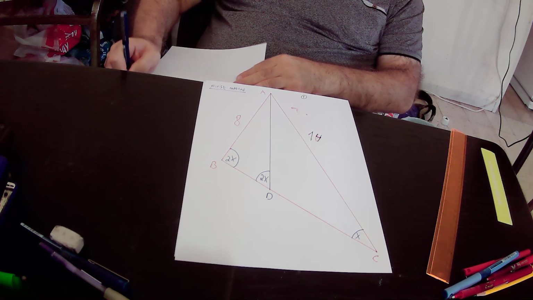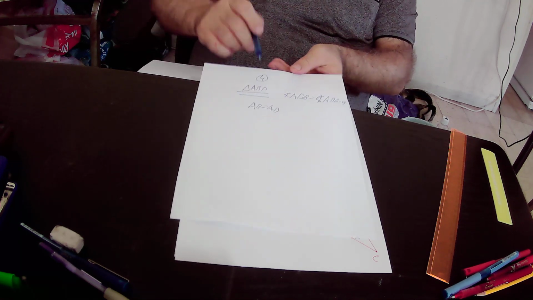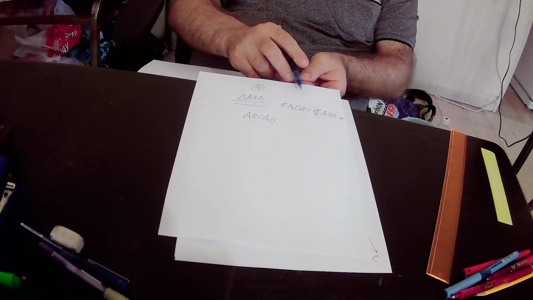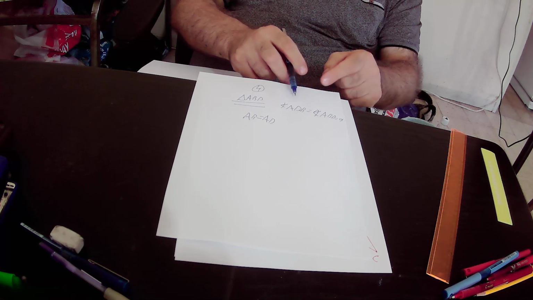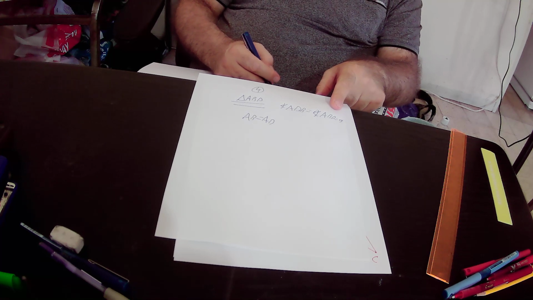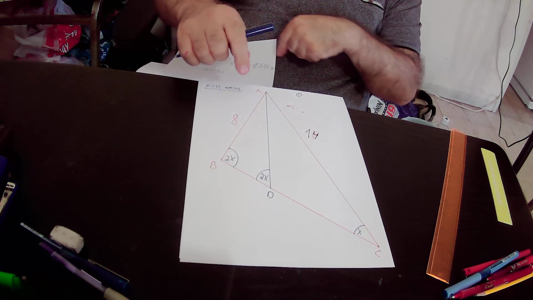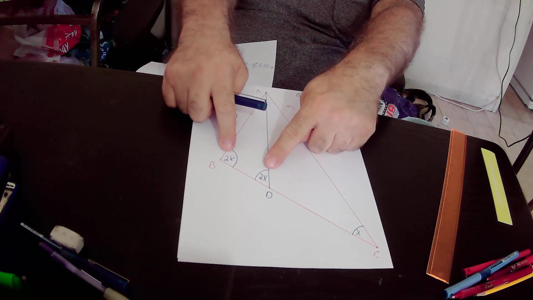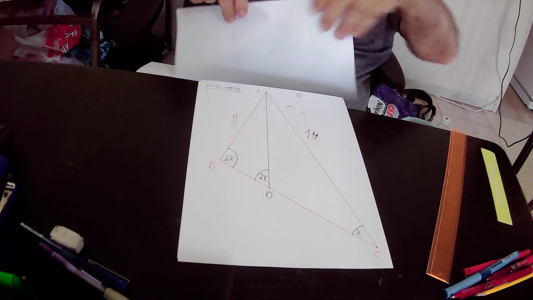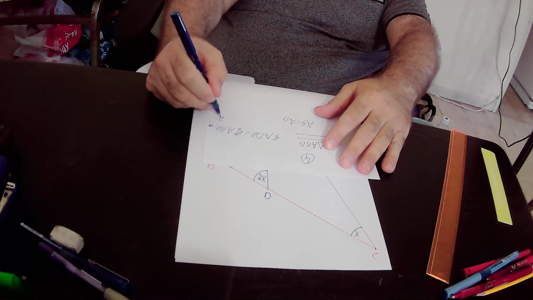In triangle ABD we have two angles that are equal to each other. Angle ADB equals angle ABD, both equal to 2x.